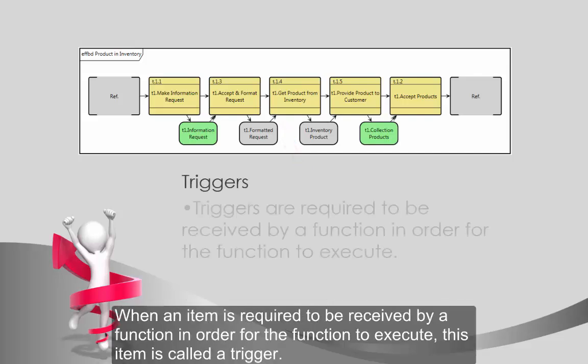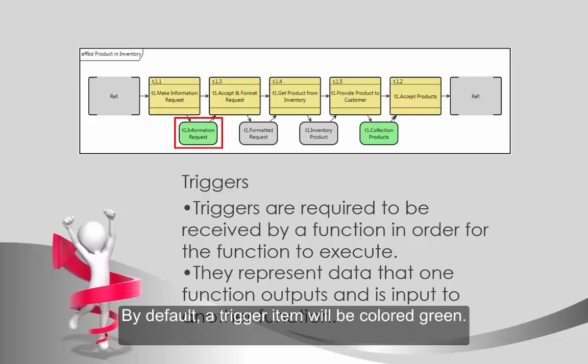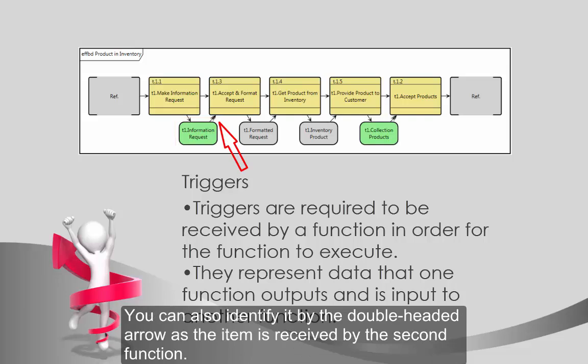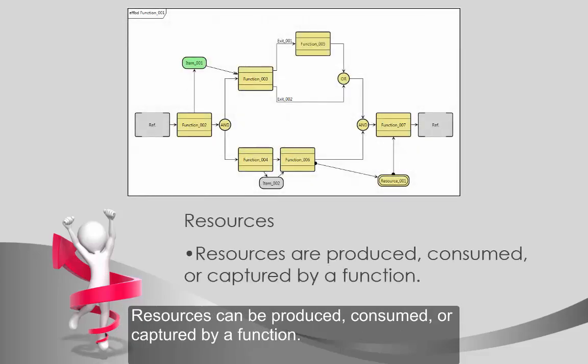When an item is required to be received by a function in order for the function to execute, this item is called a trigger. By default, a trigger item will be colored green. You can also identify it by the double-headed arrow as the item is received by the second function. Resources can be produced, consumed, or captured by a function.